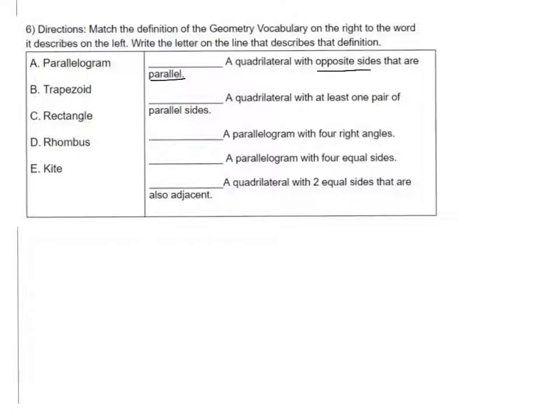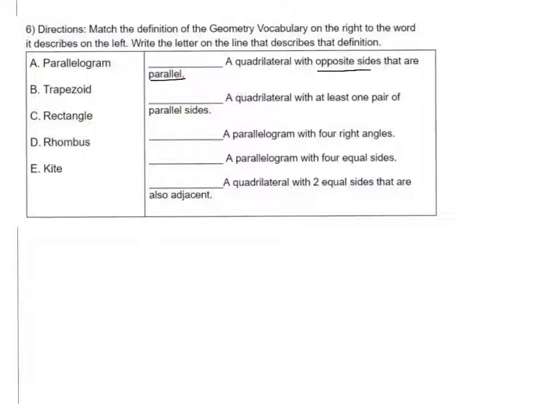Well, I know, looking on the left-hand side, a parallelogram could have opposite sides parallel, so I'm going to hold on to that one. A trapezoid doesn't always have opposite sides parallel. A rectangle could also have opposite sides parallel, so I'm going to hold on to that. A rhombus could also have opposite sides parallel, but a kite does not. So I know for the first, it definitely can be either A, C, or D.